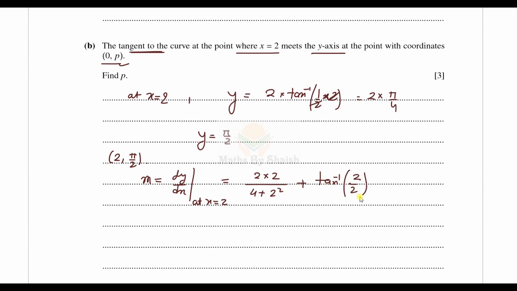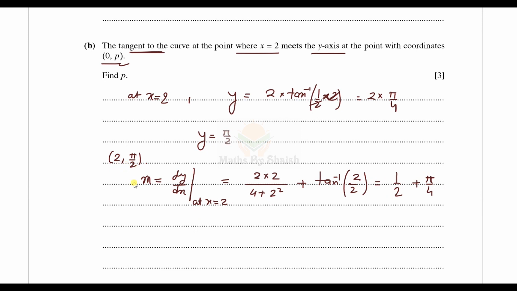So the value is 4 upon 8, which is 1 upon 2, plus tan inverse 1, which is pi by 4. So now m becomes 1 by 2 plus pi by 4, and the point on the curve and on the tangent is 2 comma pi by 2.